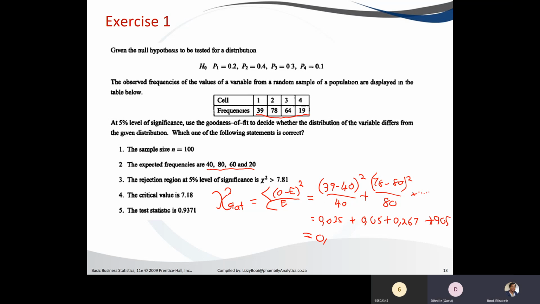Why are we not getting the same answer? I don't know. My answers are right there at the top. Yes, they are right. Okay, so if they are right, then you should get 0.3267.